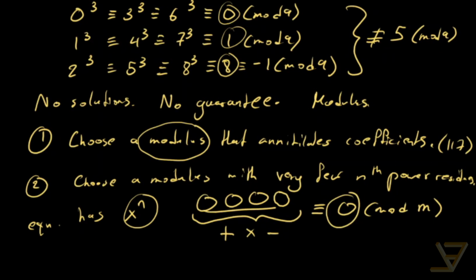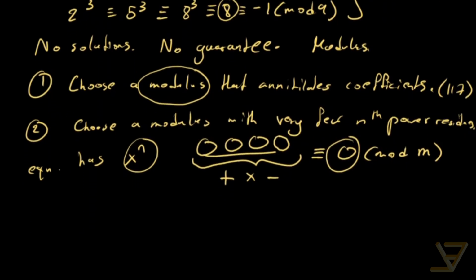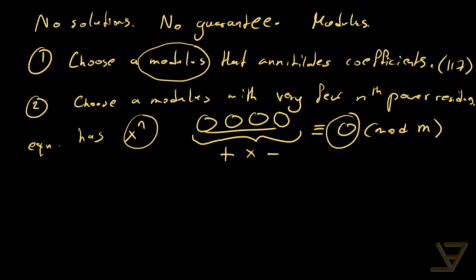I'll give you some examples of that so that you know in a concrete sense what I mean. x squared is congruent to 0, 1, and 4 modulo 8. How do we find that?